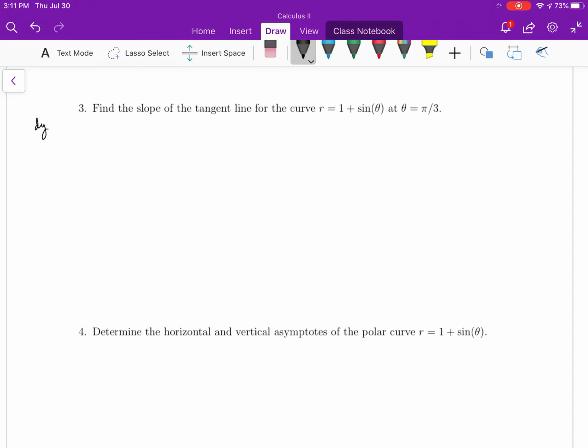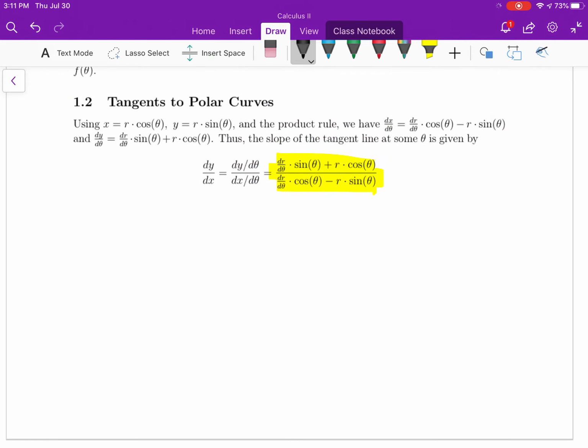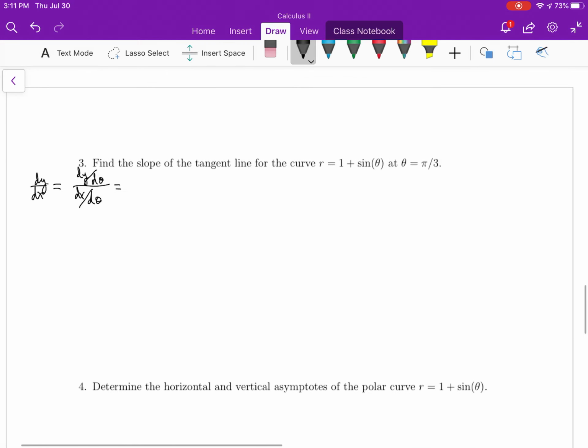So we want dy dx, which is going to be dy d theta over dx d theta. And if we look back again at what I highlighted in yellow in the previous video, we could see that that's going to be dr d theta, or I'll just write that as r prime sine plus r cosine, and on the bottom it's r prime cosine minus r sine.